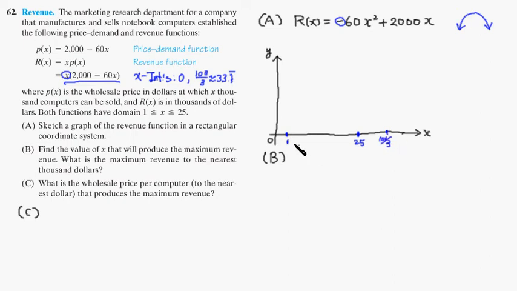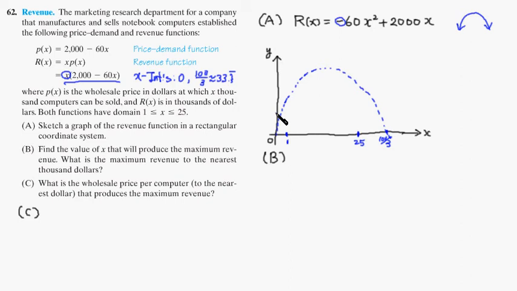How about that? All right, so this is going to be a parabola. I'm going to start from 0 and draw a parabola, making sure that it goes through those two x-intercepts.